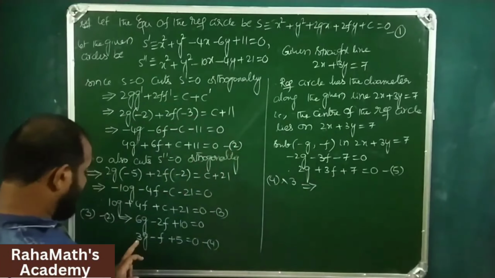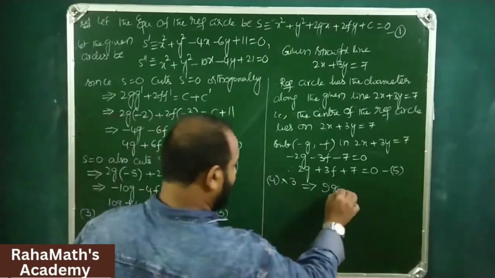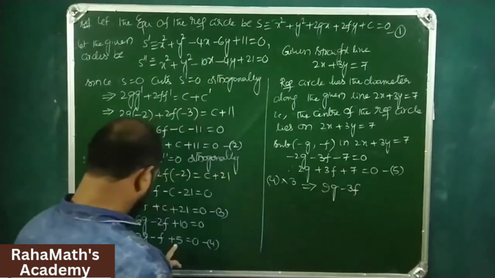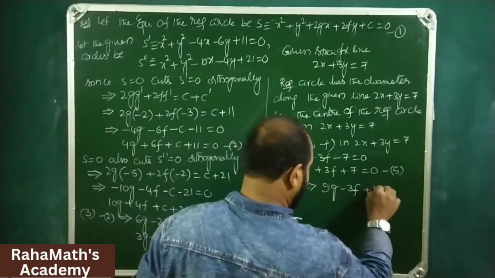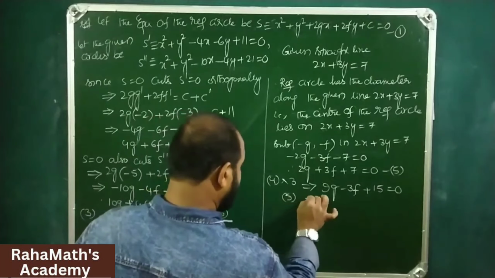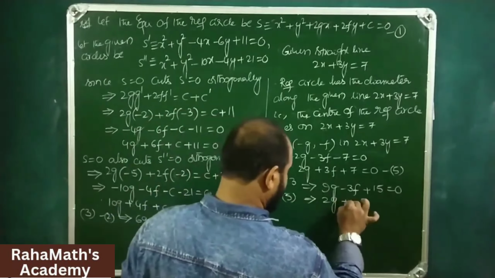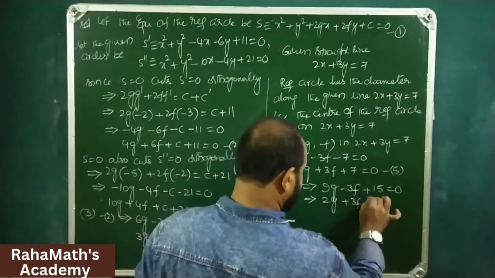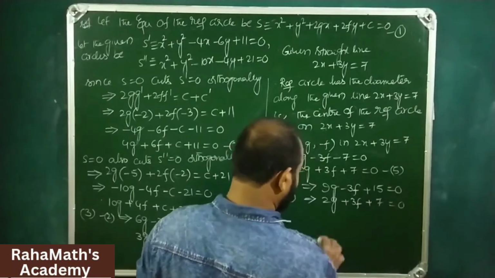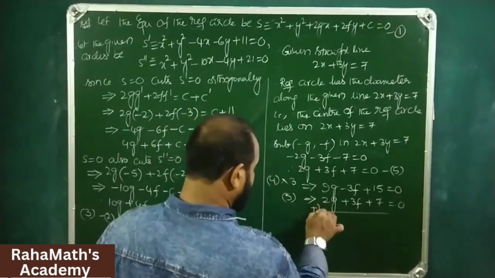Then 3 3s are 9g, 3 into minus f, minus 3f, 3 5s are 15 equals to 0. The fifth equation is 2g plus 3f plus 7 equals to 0. So I will add up these two.